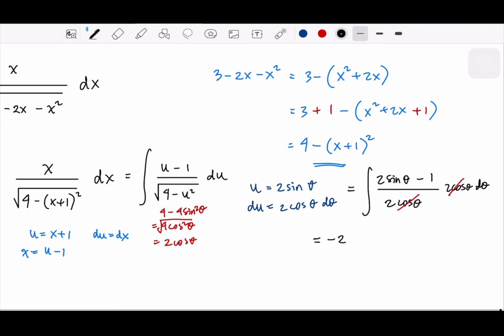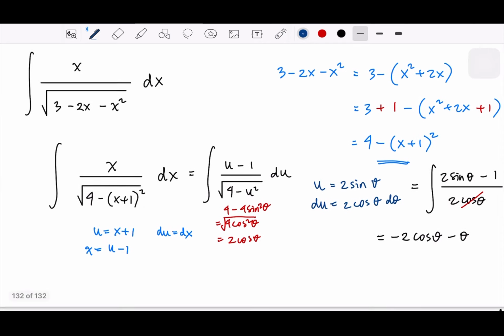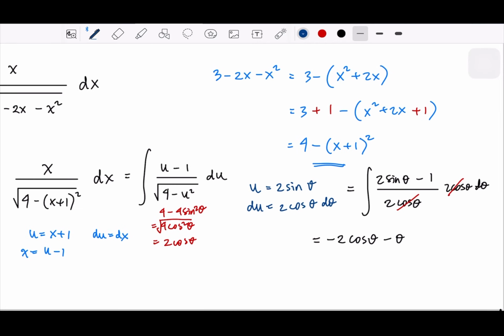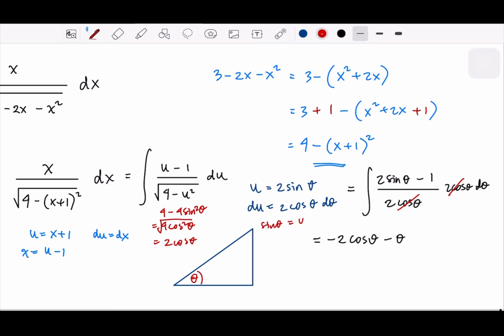This will be negative 2 cosine theta minus theta. And again, we need to draw the triangle. Since u equals 2 sine theta, sine theta is u over 2, so the adjacent side will be the square root of 4 minus u squared.